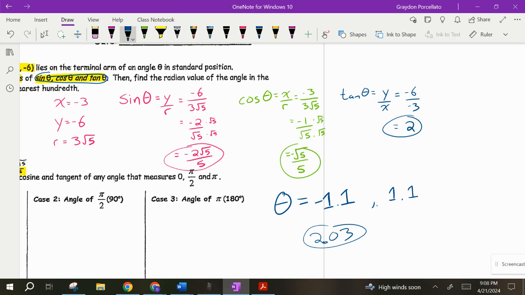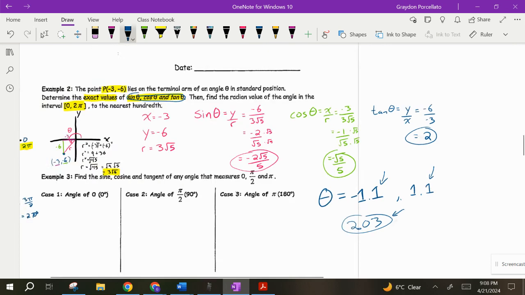So notice we get three different answers here. We get this one right here, this one, and this one. So we need to determine what is the actual solution to this question.